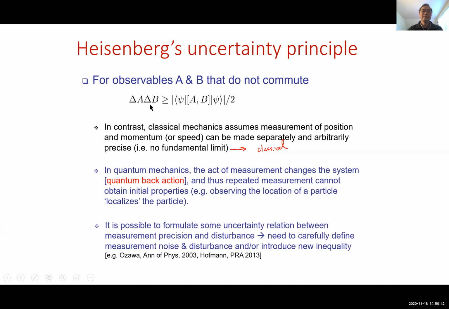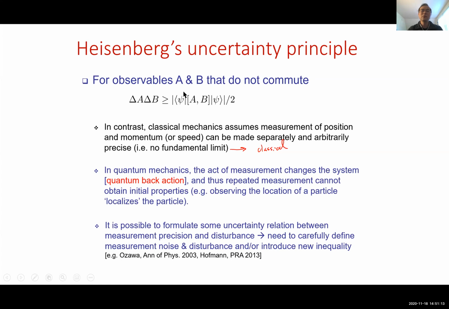Okay. Indeed, it's actually possible to resurrect Heisenberg's viewpoint, and you can really derive some uncertainty relation between the measurement precision and disturbance. But you need to carefully define what is meant by the measurement noise or uncertainty and the disturbance, and thereby introduce a new inequality.